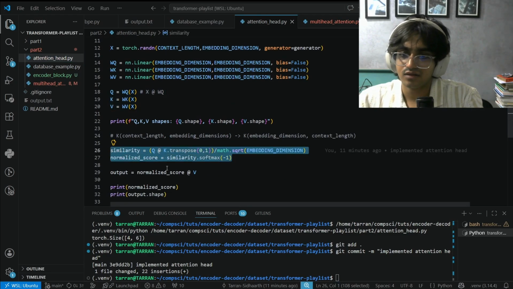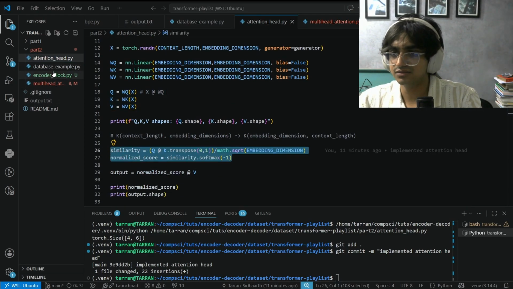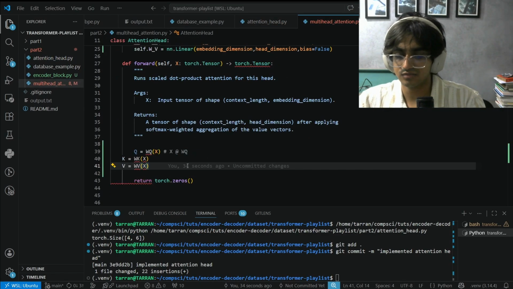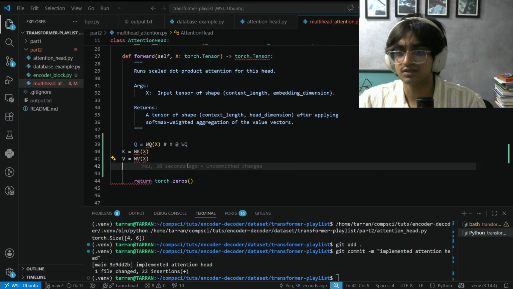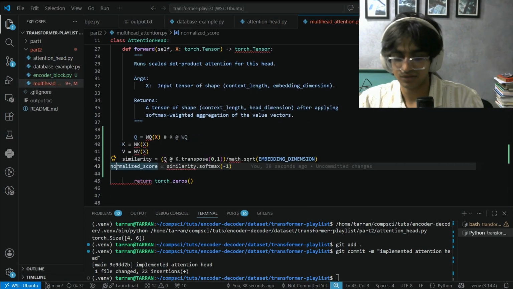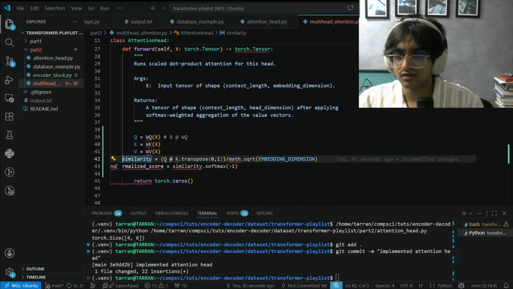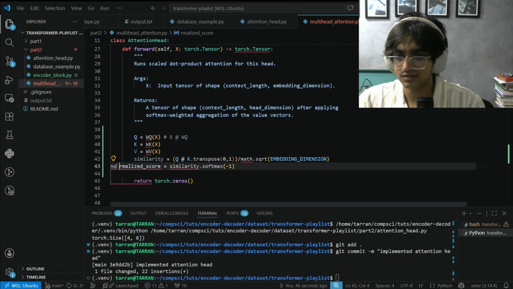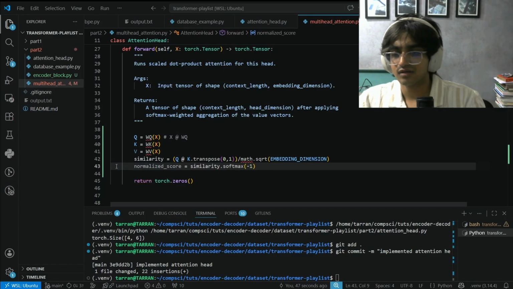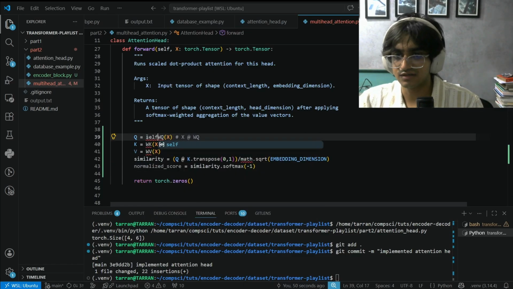Then this is what we do. Most of the code is going to be similar. There we go. Let's fix this. Yeah, and here it is going to be self dot.